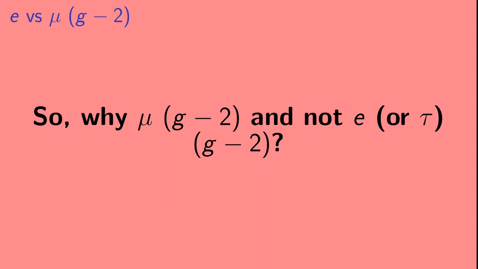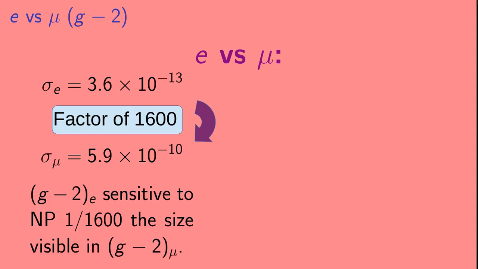Okay, so now we're finally ready to answer the question, why muon g-2 and not electron, or for that matter tau g-2? So we saw that from the precision of the electron and muon g-2 experiments, the electron g-2 experiments were sensitive to new physics that was 1/1600th the size of that which would be visible in muon g-2 experiments.